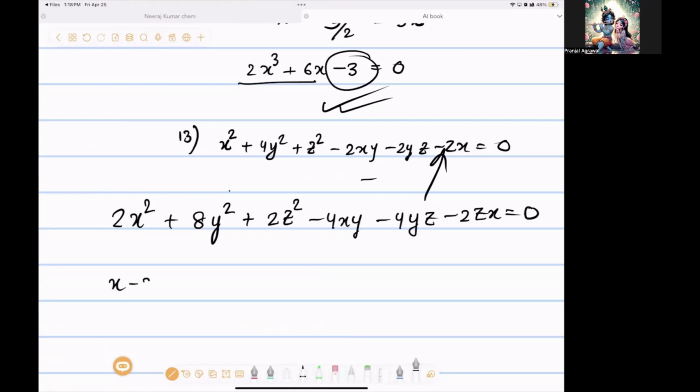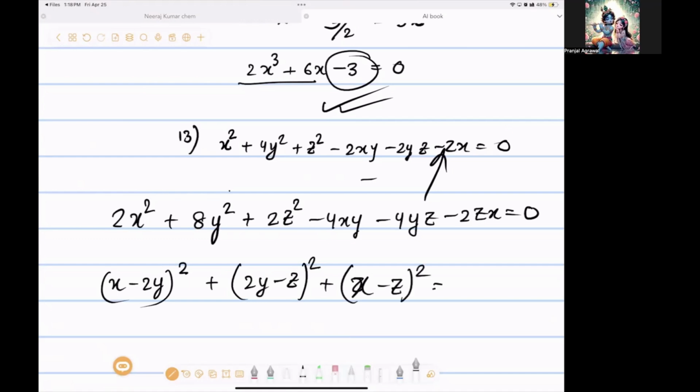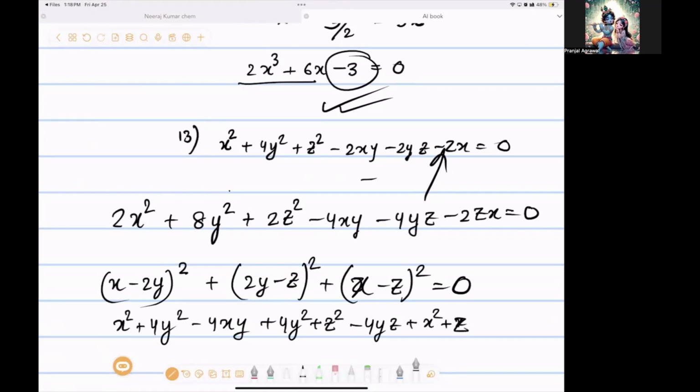So it will be (x minus 2y) whole square plus (2y minus z) whole square plus (x minus z) whole square is equal to 0. See, you get x square plus 4y square minus 4xy plus 4y square plus z square minus 4yz plus x square plus z square minus 2xz equal to 0.